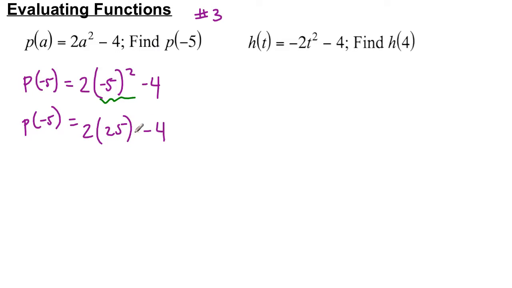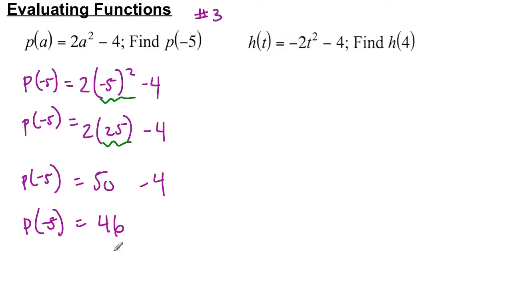In that step, we just simplified negative 5 squared to 25. So 2 times 25 is 50, minus 4, so our final answer, p of negative 5, is equal to 46.